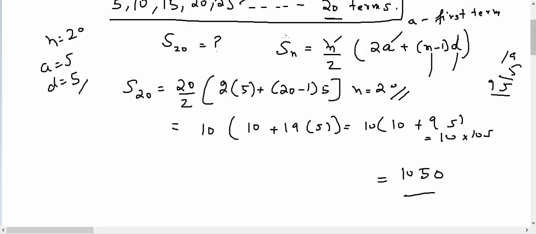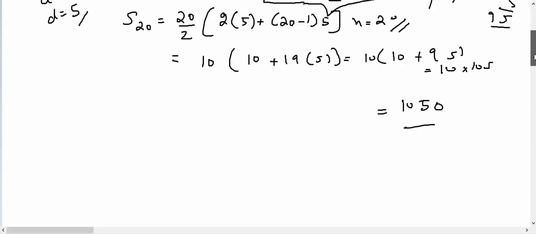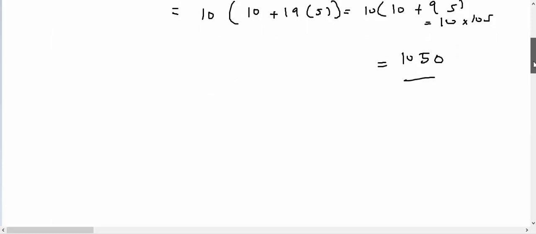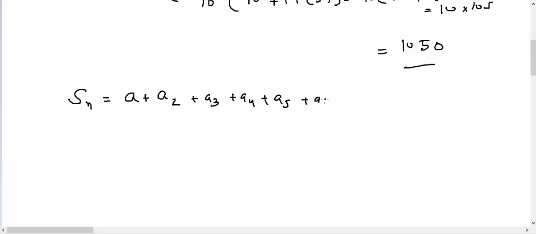Now a question can come up in your mind: how did this formula actually come into existence? This formula can be derived easily. The sum of n terms of an AP is basically the sum of the first term, second term, third term, fourth term, fifth term, sixth term, and so on up to n terms.